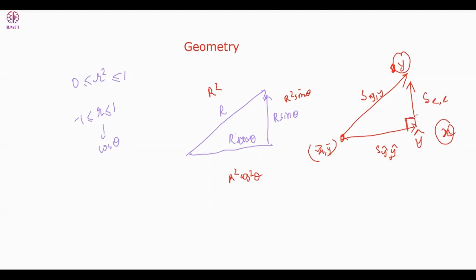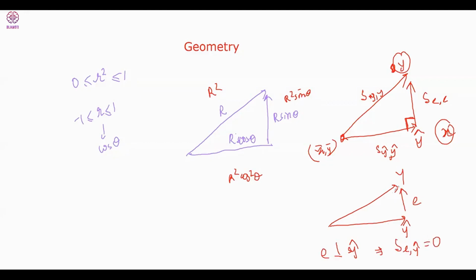So this is y, this is y hat, and this is the error. You can understand from here that the error is perpendicular to y hat. That gives the idea that S of e comma y hat is equal to 0, and that is the main idea.